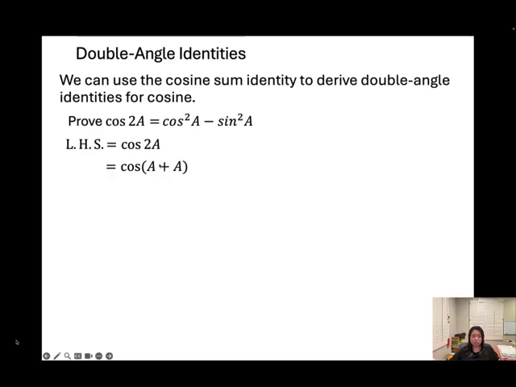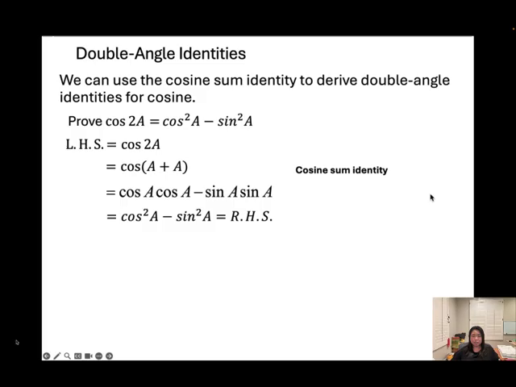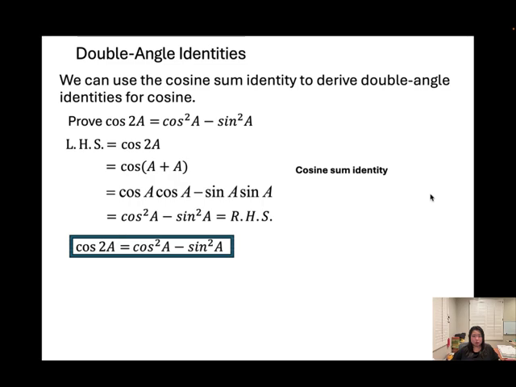That will be cosine A cosine A minus sine A sine A. Cosine A times cosine A is cosine squared A, minus sine A times sine A, sine squared A. We just proved the double angle identity. So this is going to be your formula.